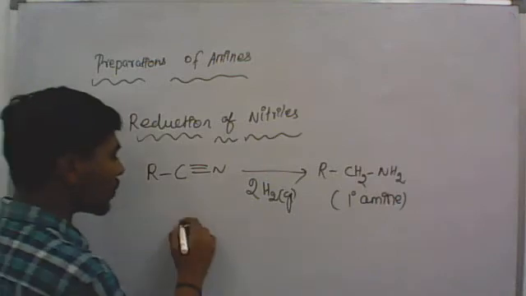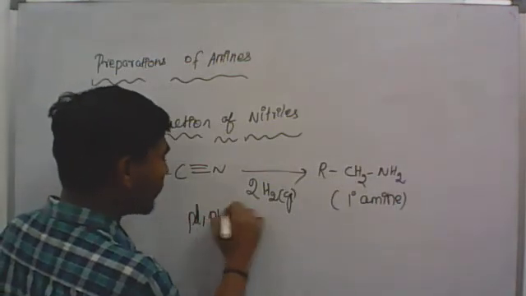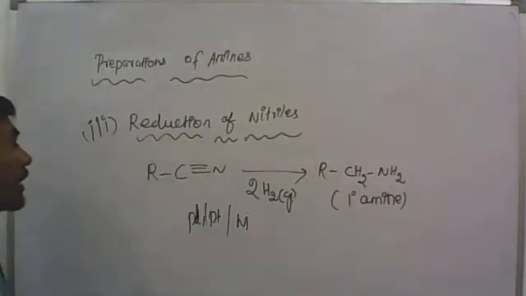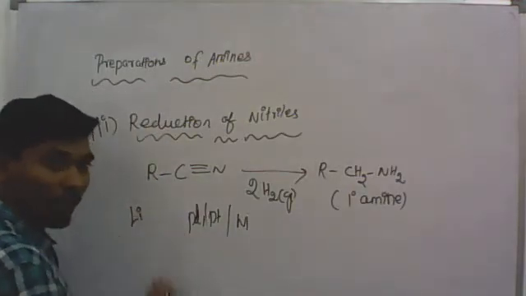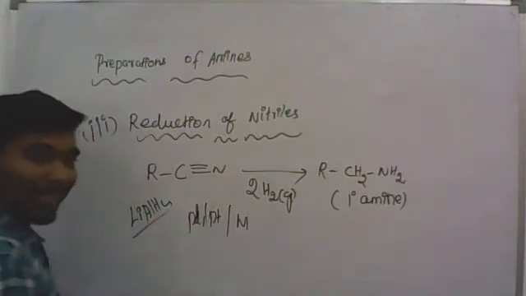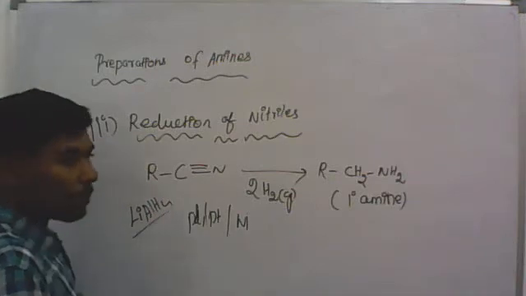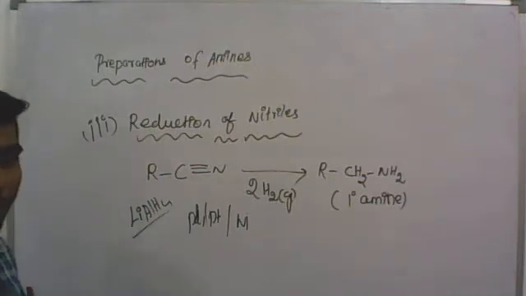In this process, we use palladium, platinum, or nickel based catalysts, and lithium aluminum hydride acts as a strong reducing agent. It reduces the carbon-nitrogen triple bond and produces the primary amine as the product.